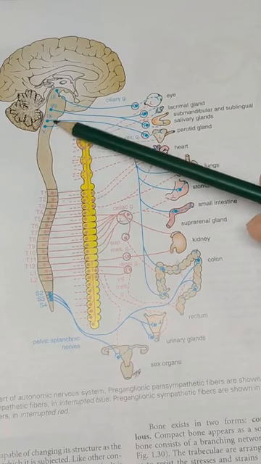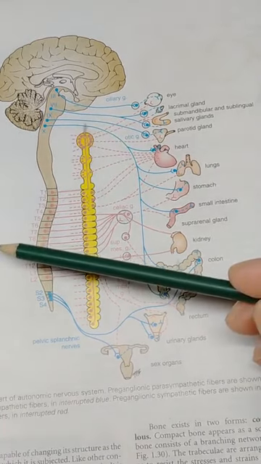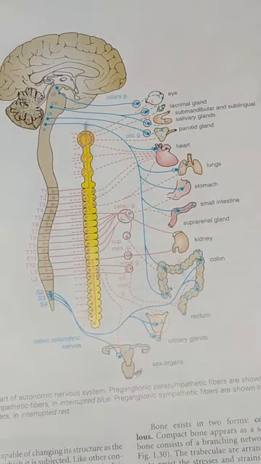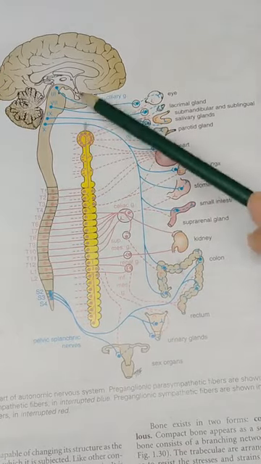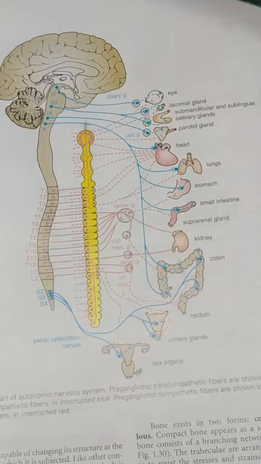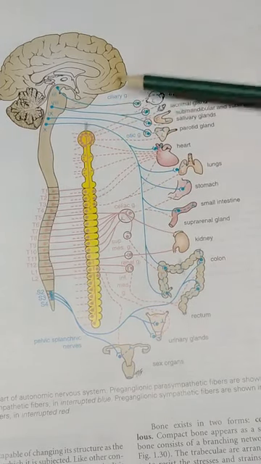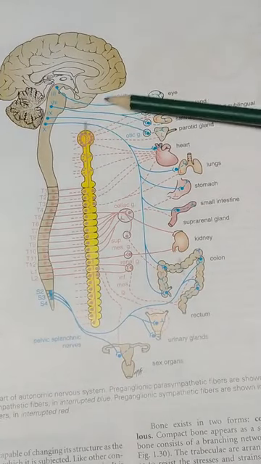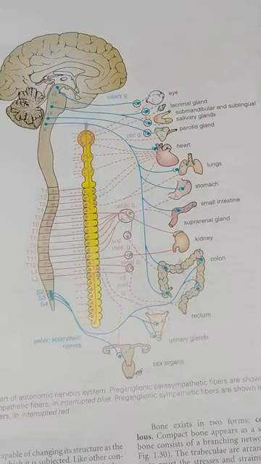Cranial nerve number 9, which is glossopharyngeal. Cranial nerve number 10, which is vagus. These cranial nerves carry preganglionic parasympathetic fibers. And where is the origin of these preganglionic parasympathetic fibers?